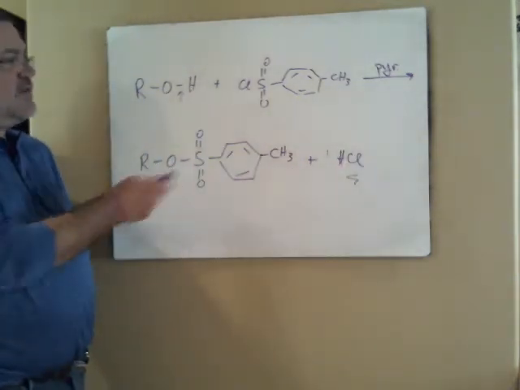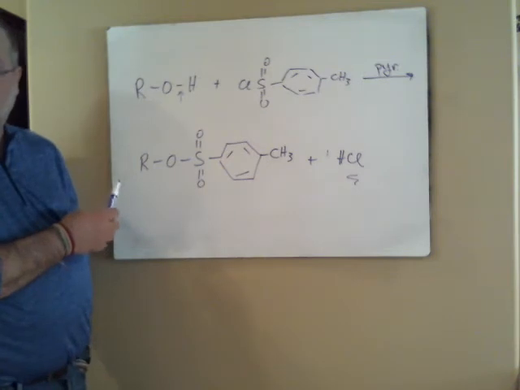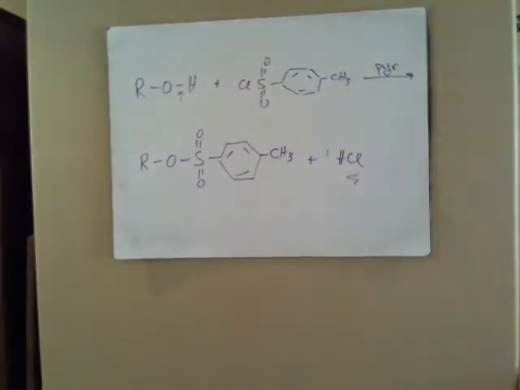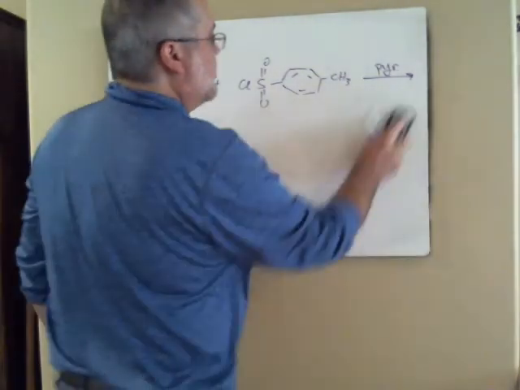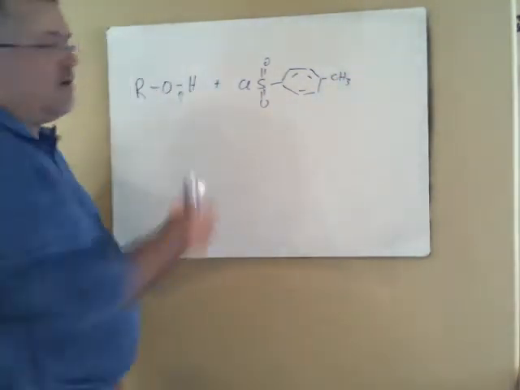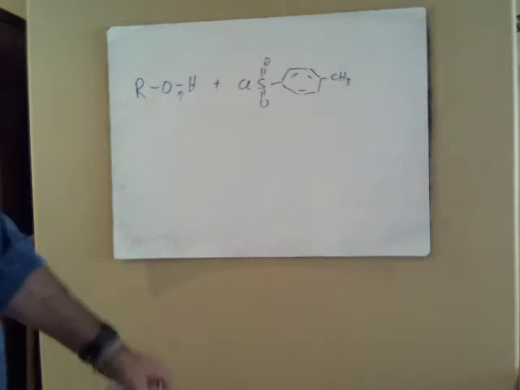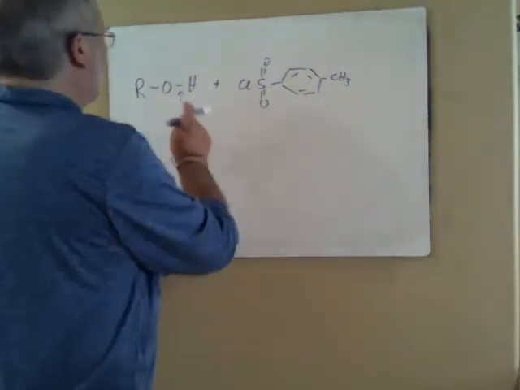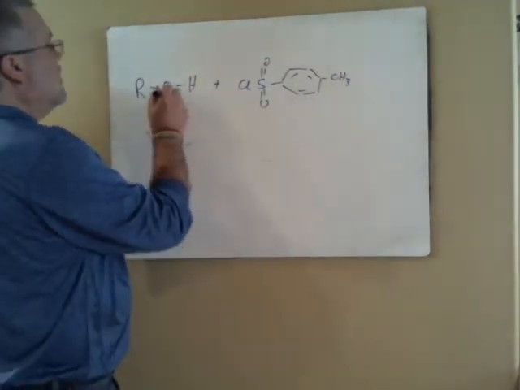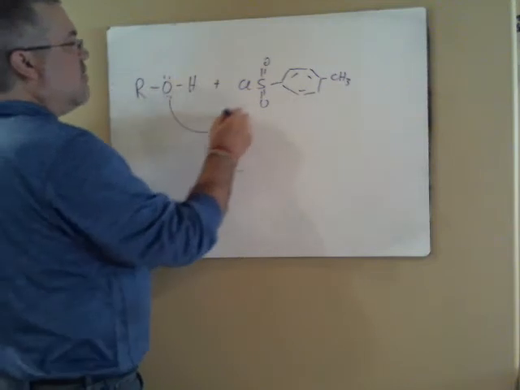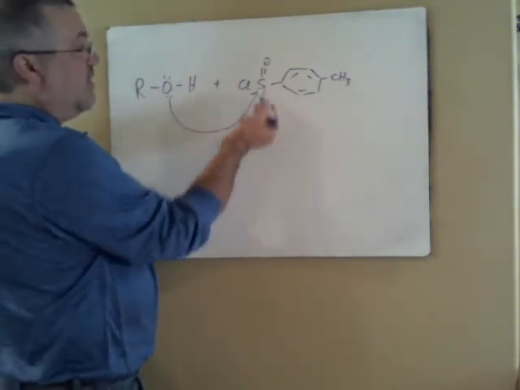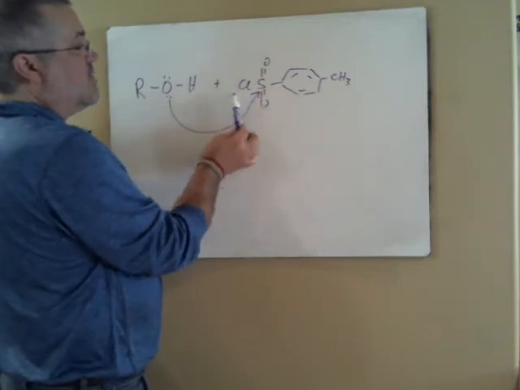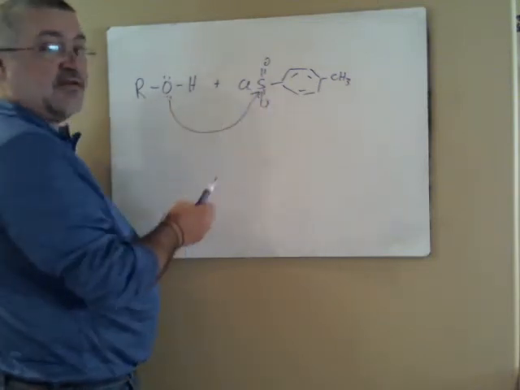And so mechanistically, what's happening here, it's worth looking at it just for a second. I'm going to erase this part of it so we can just start here with the mechanism. Basically, this is your nucleophilic oxygen, and it's going to react with that sulfur, which we can imagine is the electrophilic center, because that sulfur is attached to a chlorine and two oxygens.